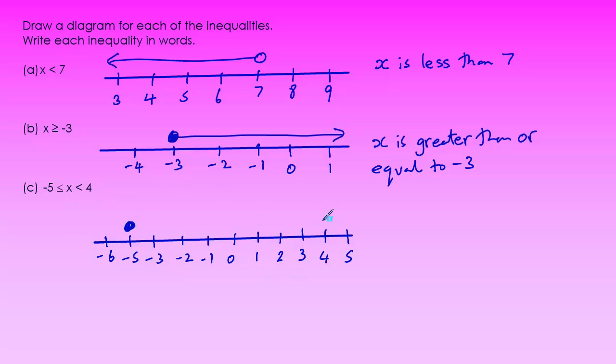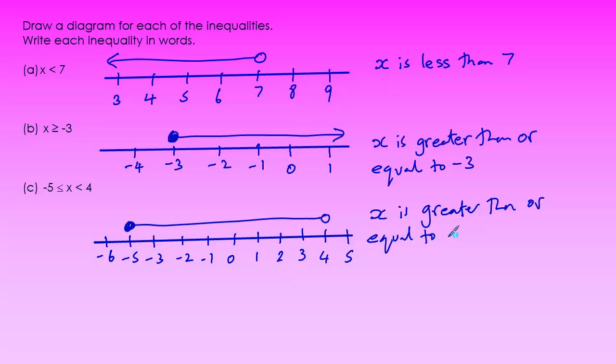And this one's just a less than, so blank there, and join them up. And we can say x is greater than or equal to -5 and less than 4.